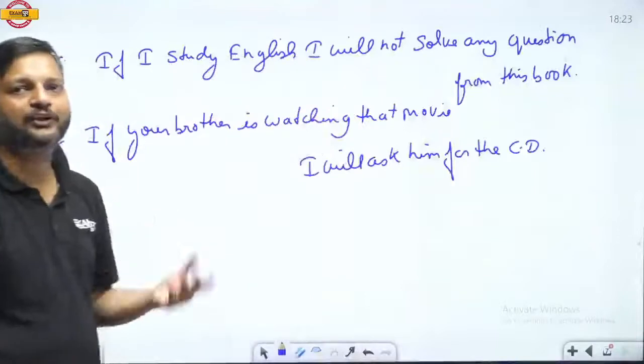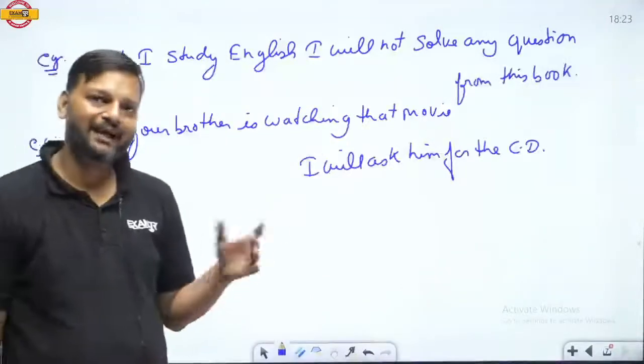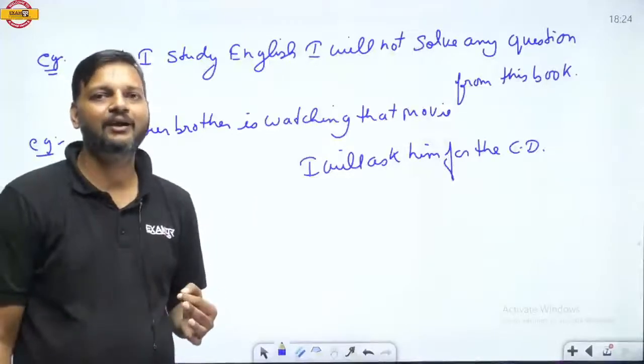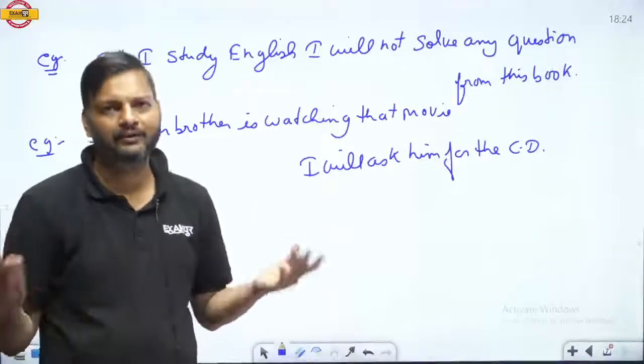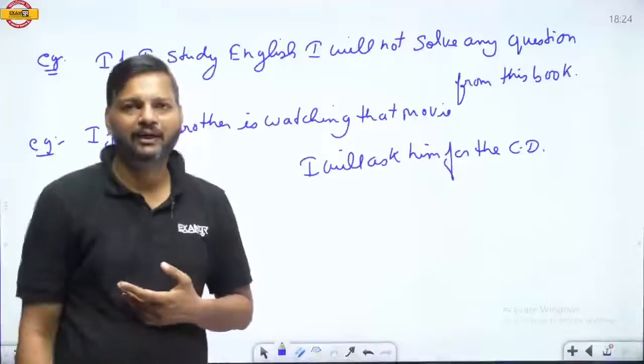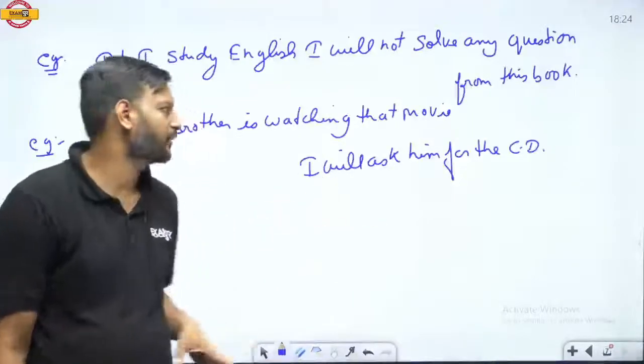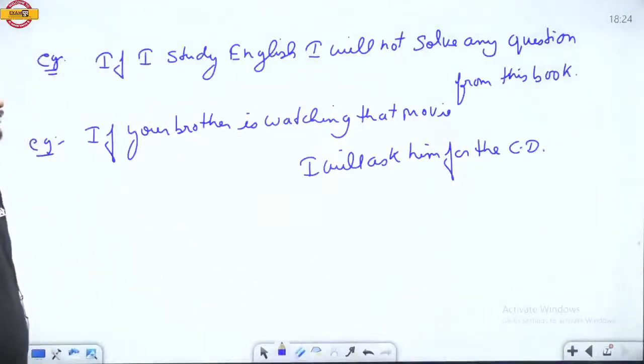Those CDs are out of fashion now, but I have given the example. No one watches movies on CDs now. Memory card, mobile and internet and Netflix and Amazon Prime, lots of things are there. CDs are outdated now, but for example, this is correct. So if your brother is watching that movie, I'll ask him for the CD. Now find the error in both these sentences.